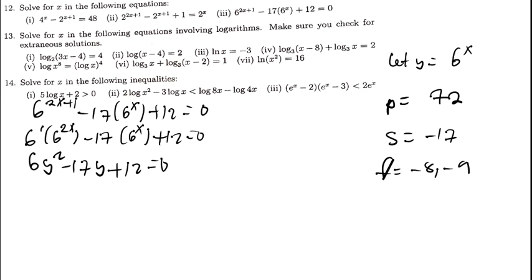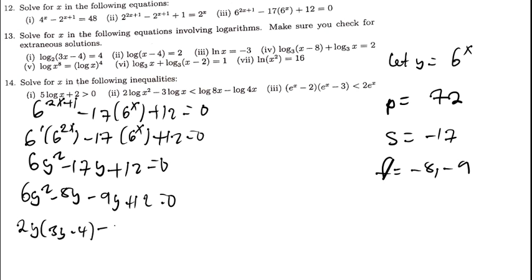So I'll say 6y squared minus 8y minus 9y plus 12 is equal to 0. Factor out 2y here, and I'll remain with 3y minus 4. Here I'll factor out 3, and I'll remain with 3y minus 4.